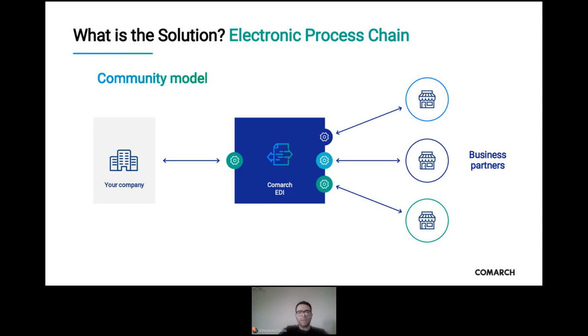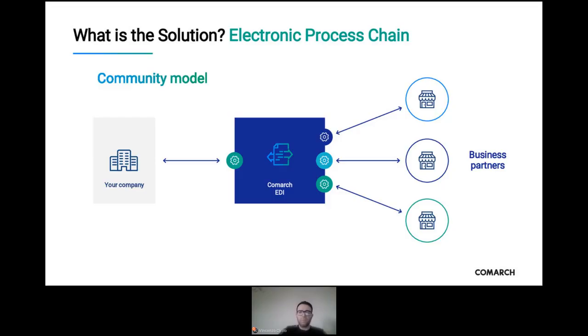And also thanks to the dynamic EDI messages and notifications that EDI solutions offer, they can automatically generate inventory or sales data reports, as well as purchase orders, proposals, and confirmations.